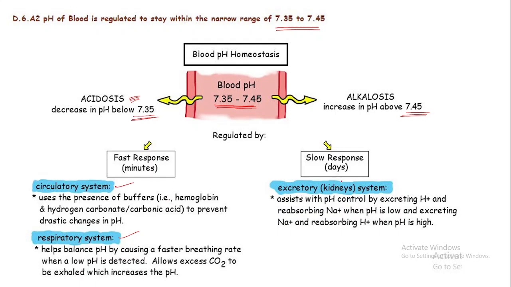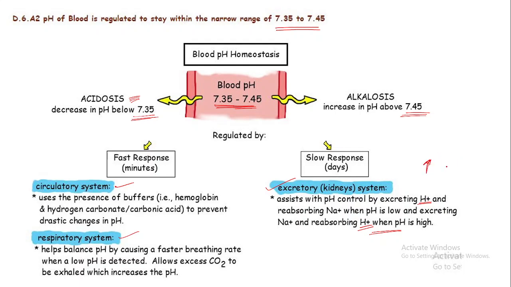Let us see the slow response, in days. How does the excretory system contribute in maintaining the pH of the blood? The excretory system assists with pH control by excreting H plus and absorbing sodium when the pH is low, and excreting sodium and reabsorbing hydrogen when the pH is high. So it's the H plus which is going to determine the pH. More H plus, acidic condition.